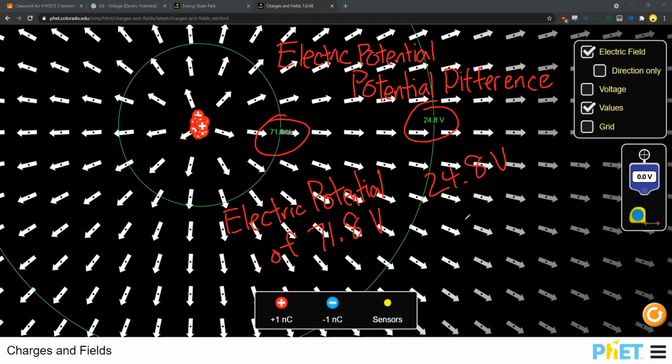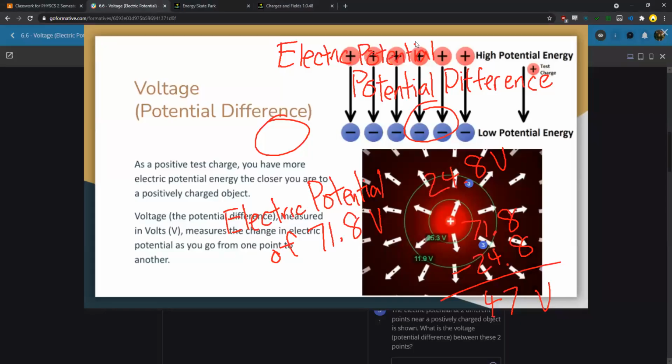So in this case you would do 71.8 minus 24.8, and you would get 47 volts. Are you guys okay with that explanation? So that's basically what potential difference is.